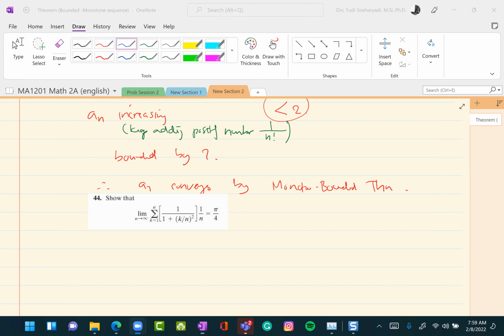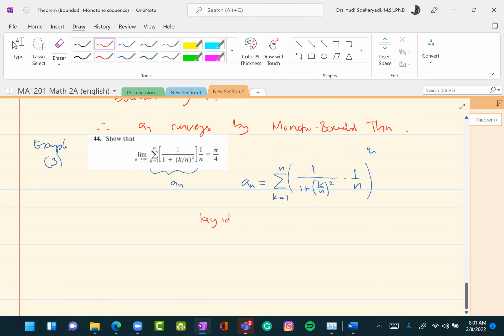So the key idea is a_n is a Riemann sum. The question is, what is the function, and what are the bounds of the integral?